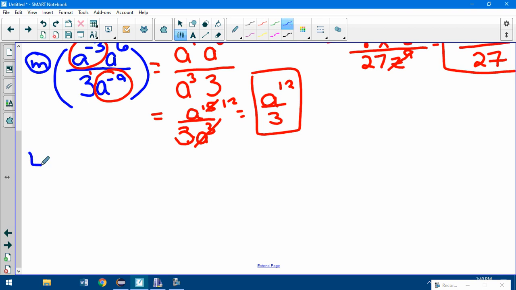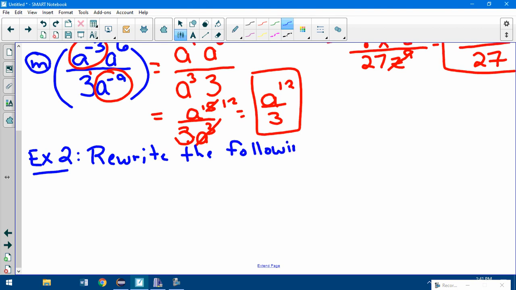I said there'd be 2 kind of wordy problems, and then we'll be done. So here's example 2. Rewrite the following in the form kx to the n, and evaluate for the given value of x.